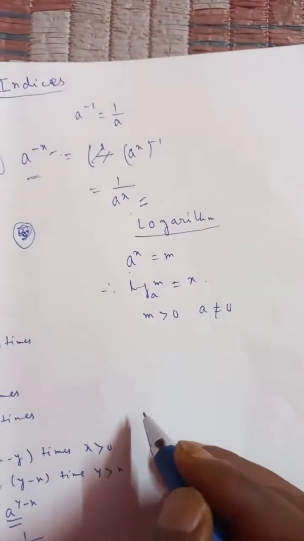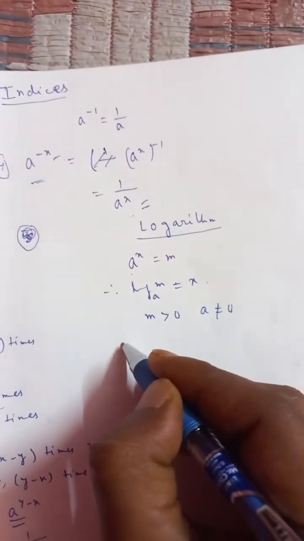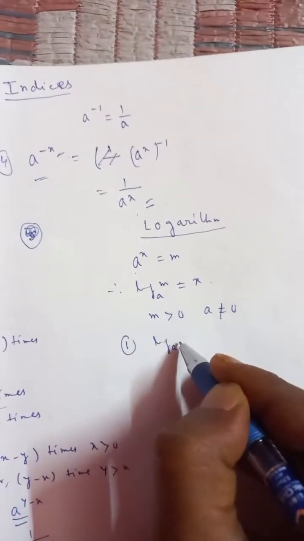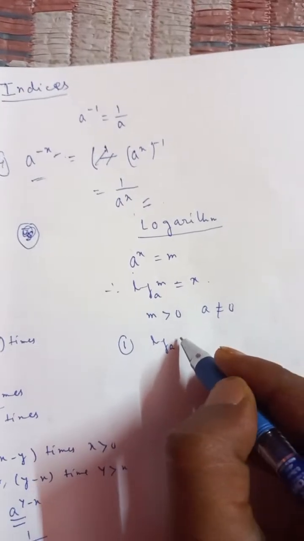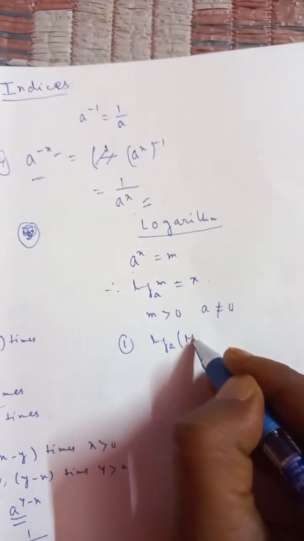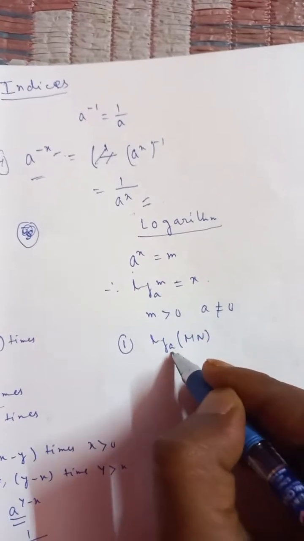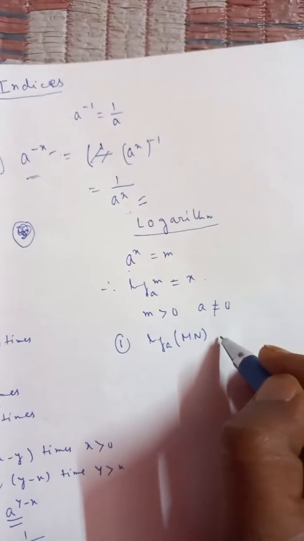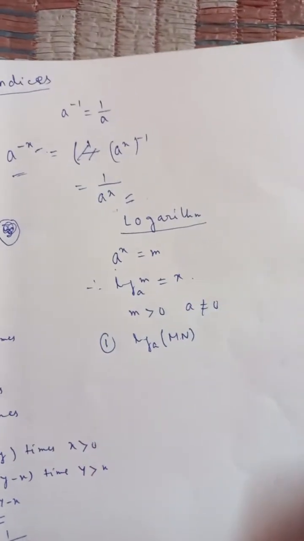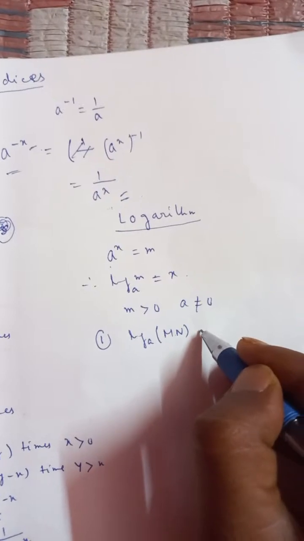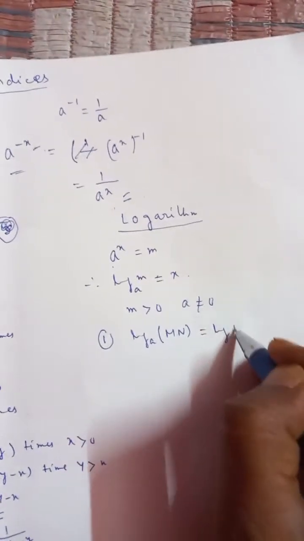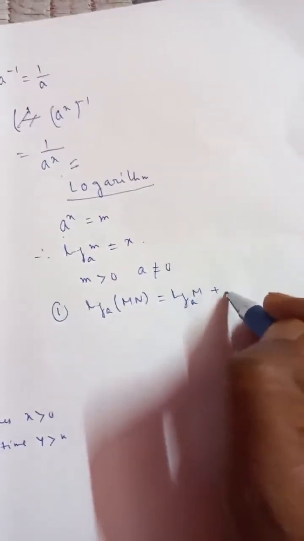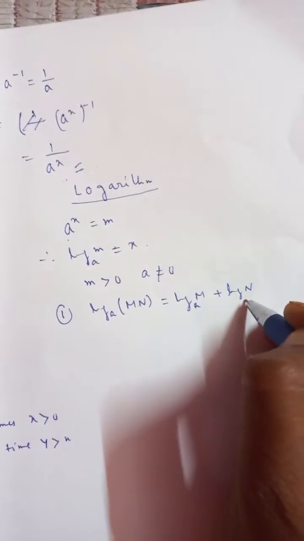So here also some properties are there. What will be log of m multiplied n base a? So if we try to find out, this is equal to log of m base a plus log of n base a.